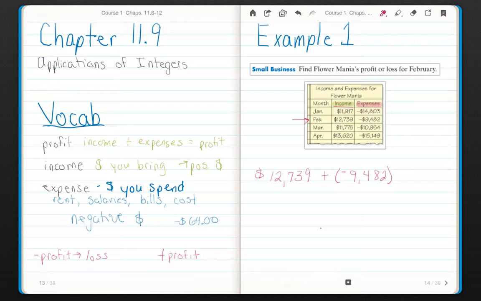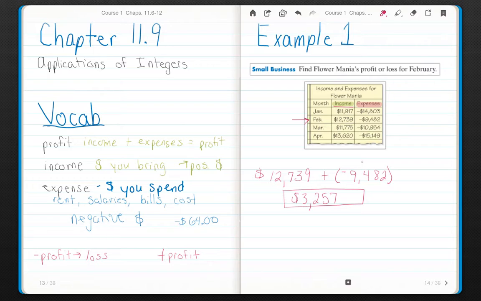When I add those together, I get a profit of $3,257. Okay, this is positive money. It means my expenses were less than my income. That is a good thing. This was my profit. If it was negative, I would call it a loss.